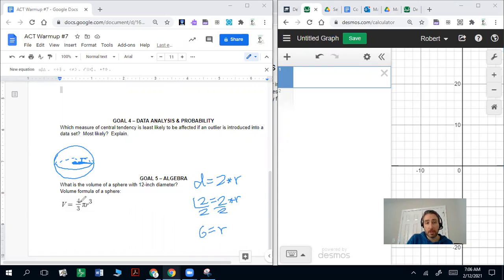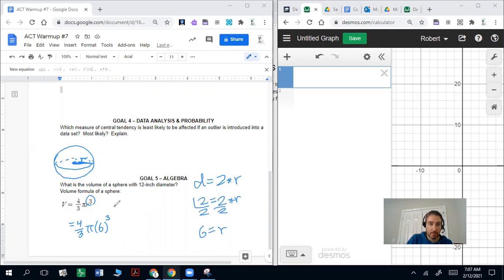So you have a formula right here, and this is provided for you. 4 divided by 3 times pi r cubed. And so we're going to plug in 6, not squared, to the third power. That's a 3. So you can write this in one of two ways. You can write it in terms of pi and as a decimal.